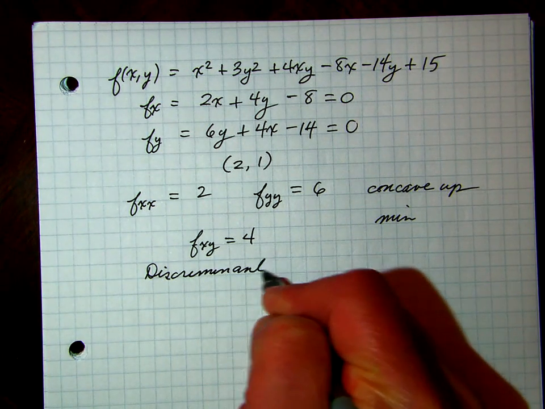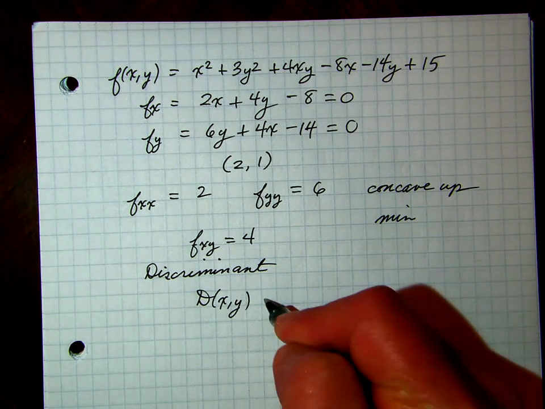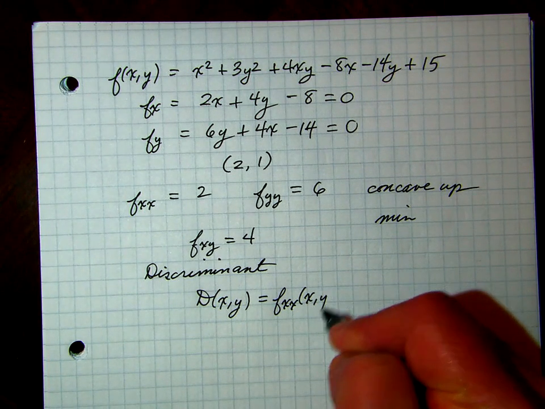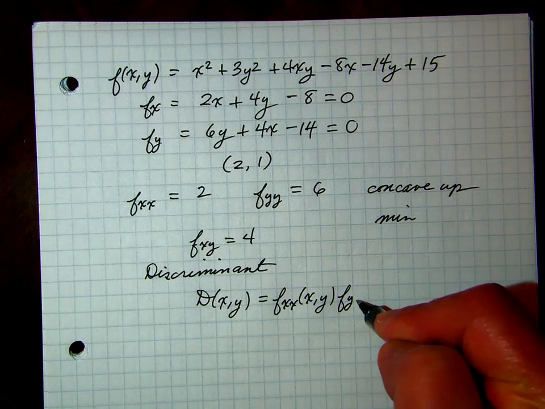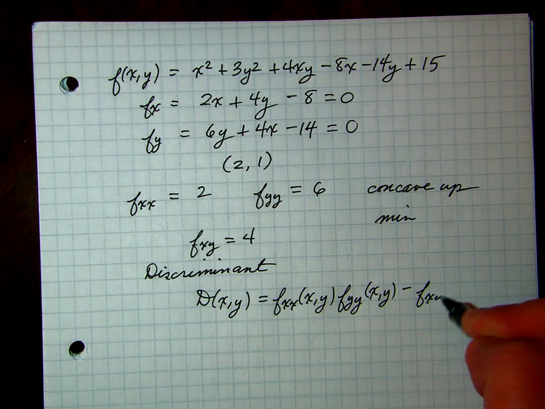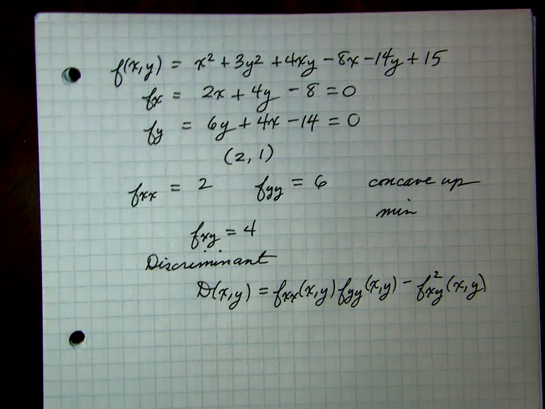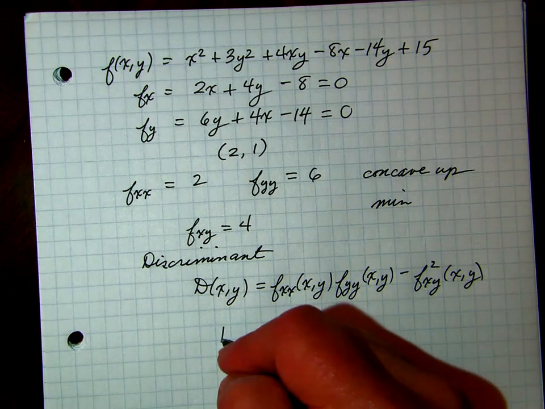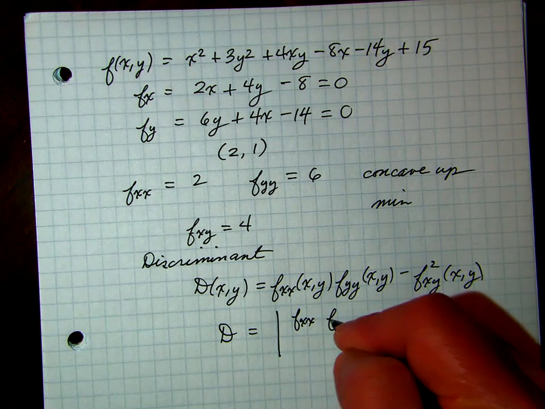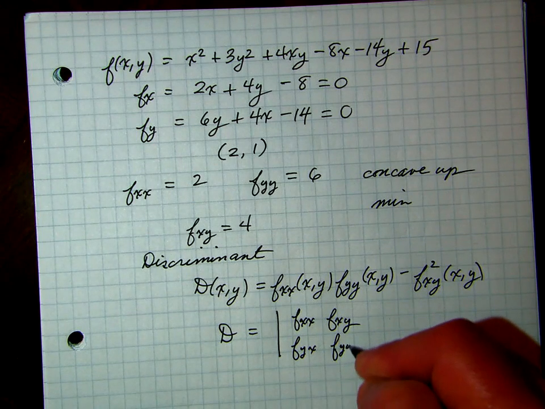It's called D. It's a function of x and y, and it equals fxx at (x,y) times fyy at (x,y) minus fxy squared at (x,y). And you may be amused to consider that D is sometimes written this way: the determinant of fxx, fxy, fyx, fyy.